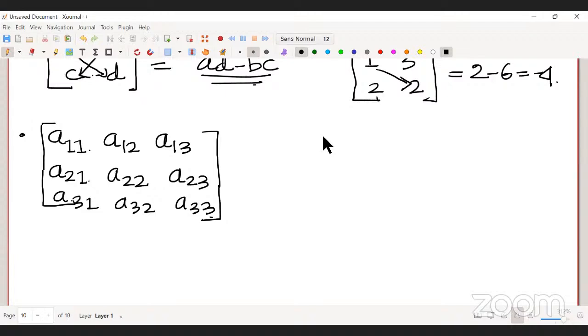If you are dealing with the determinant of a two-dimensional object, then it will give you area. If you are dealing with more than two-dimensional things, then it will give you the volume. So that is one use of the determinant that you can understand.